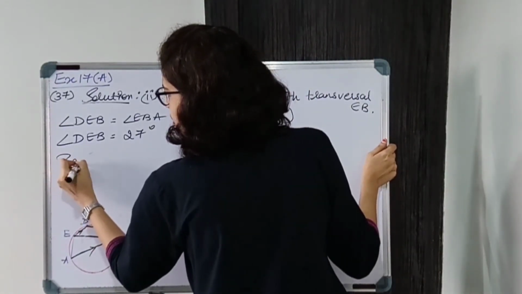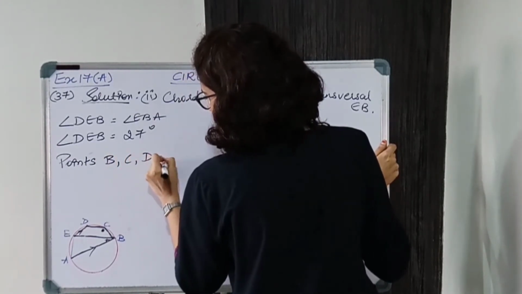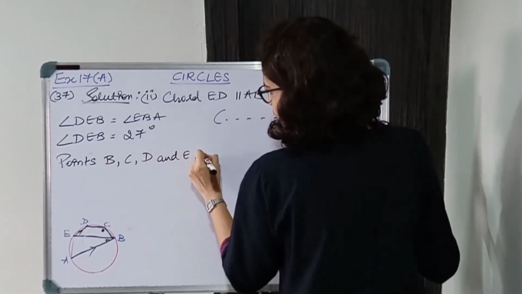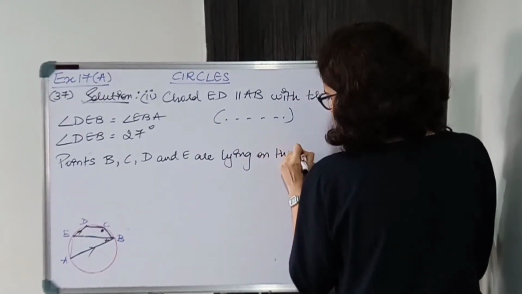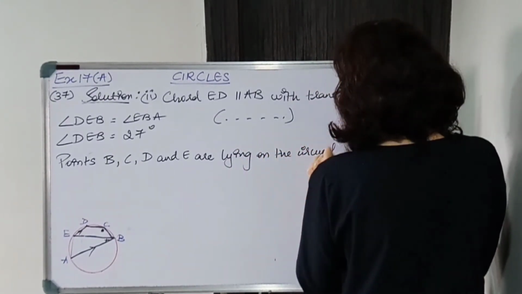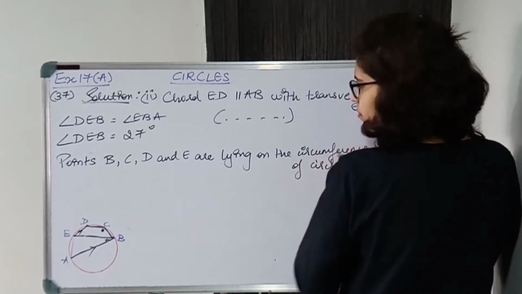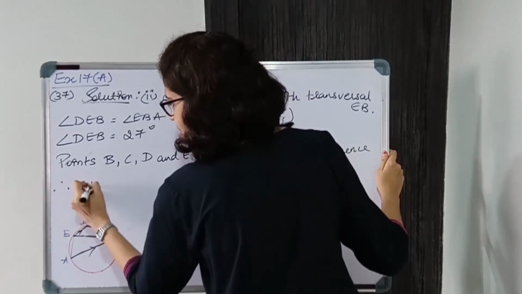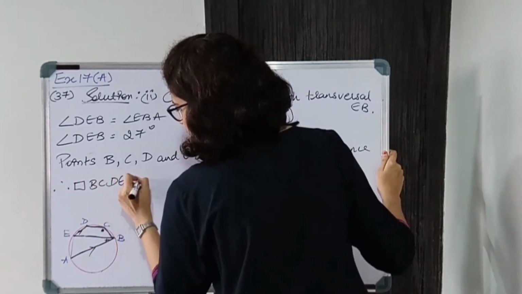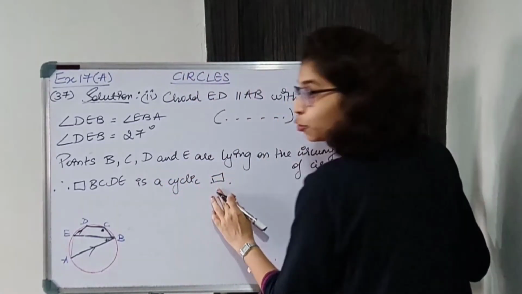Points B, C, D and E are lying on the circumference of the circle. Therefore, quadrilateral BCDE is a cyclic quadrilateral. Full word लिखना है.